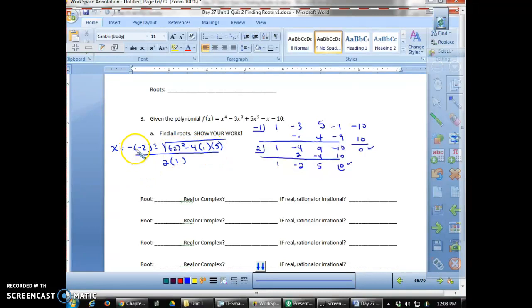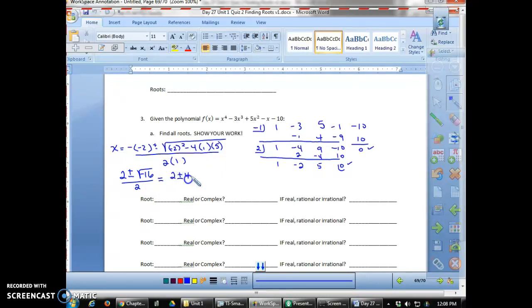So this is going to simplify down to 2, because a negative makes 2 a positive. And then I'm going to have the square root of -16 all over 2, because this is 4 minus 20. Now the square root of -16 is 4i, because I can take the square root of 16 and the negative tells me to bring out an i.